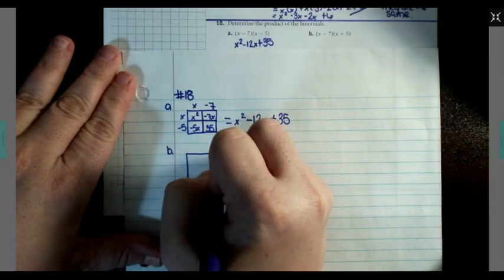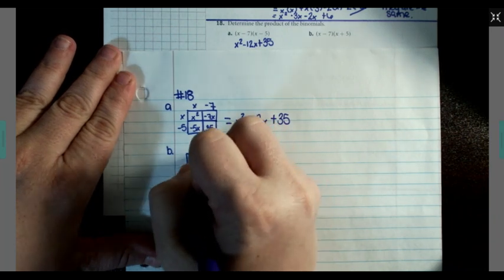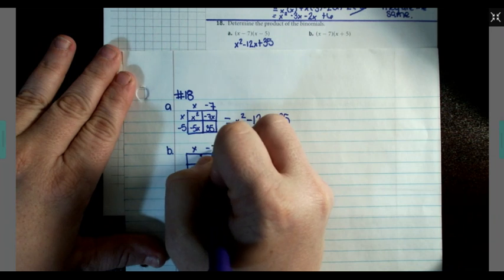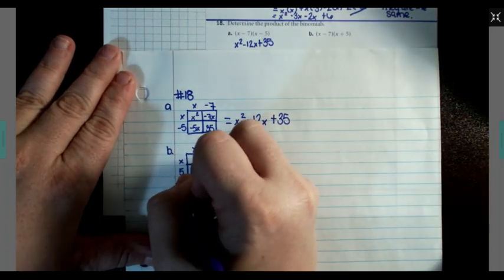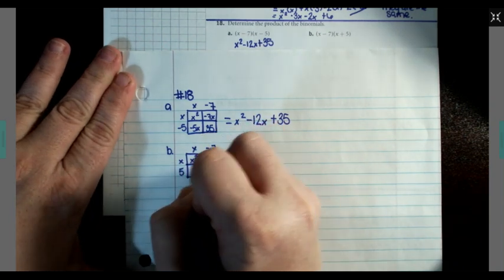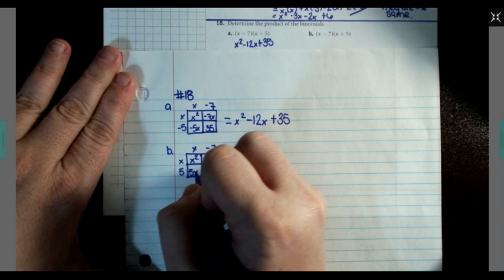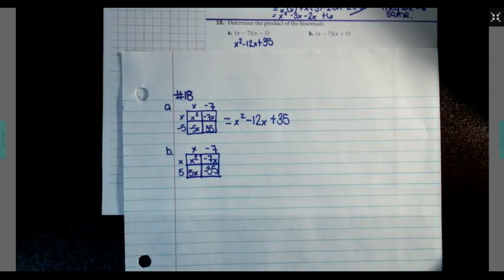B says, again, I'm going to create my box. X minus 7. And here we've got x and +5. That's x squared, -7x, +5x, and -35.